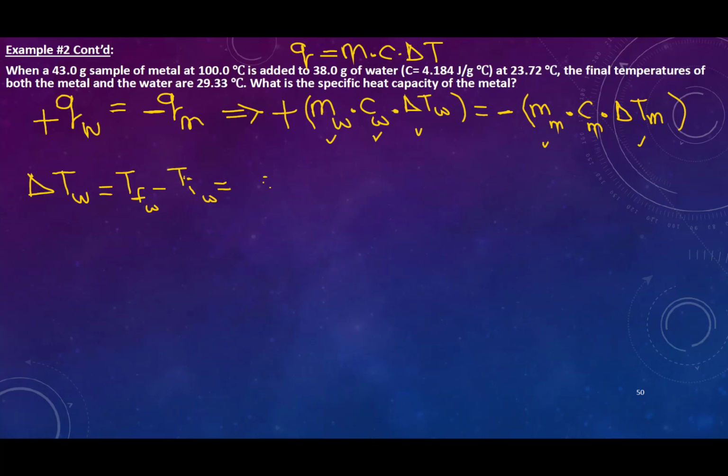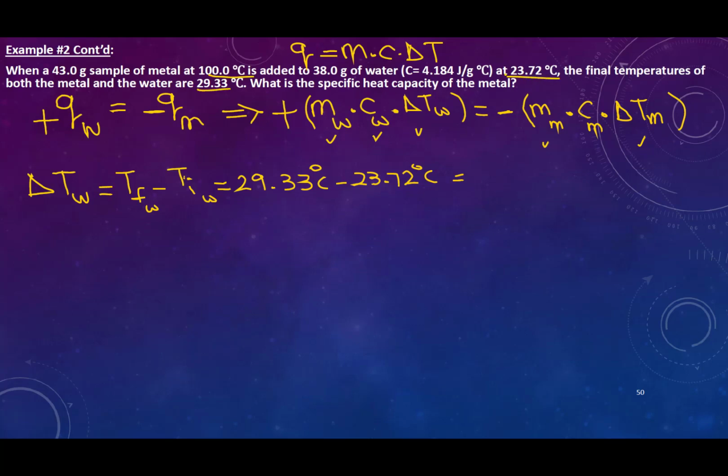Okay, this was the initial. The final is 29.33 actually. 29.33 degrees Celsius minus 23.72 degrees Celsius. These are what they were given to us, you see.